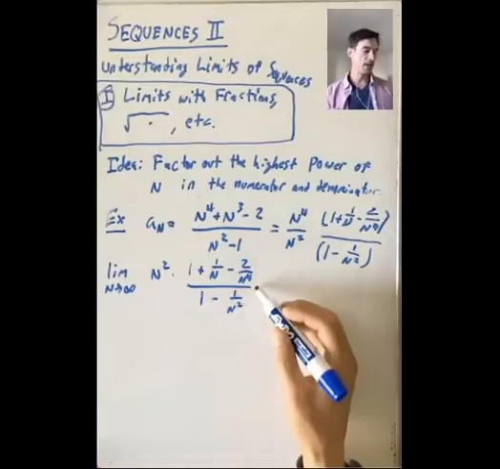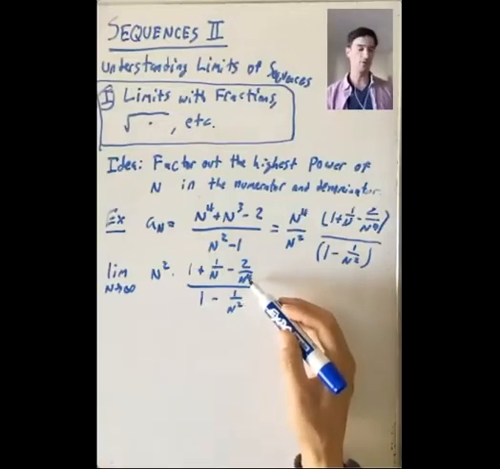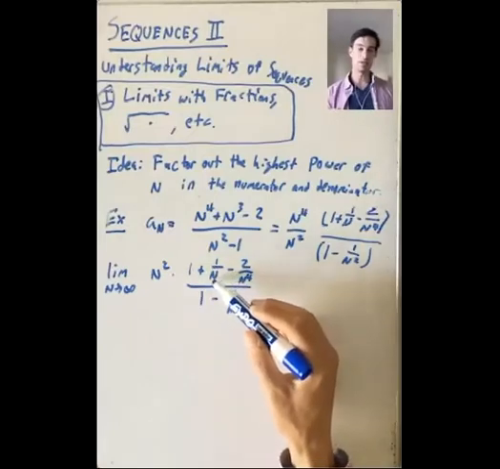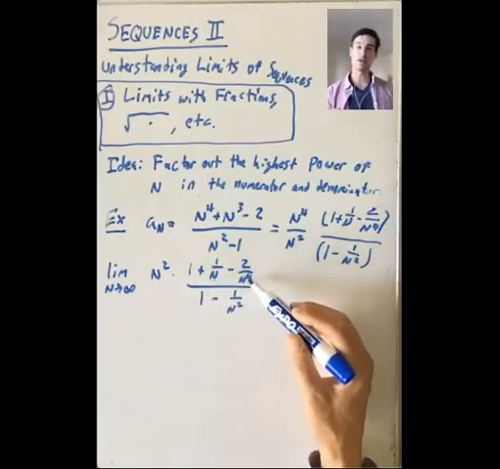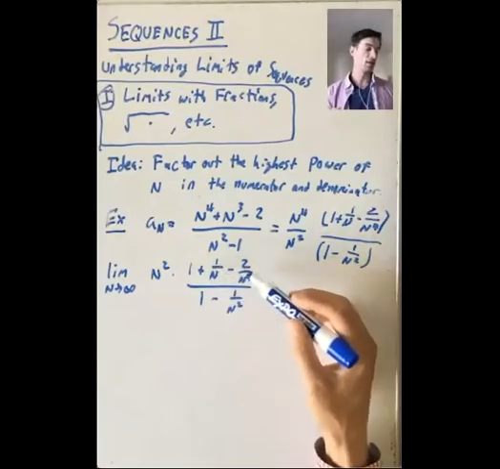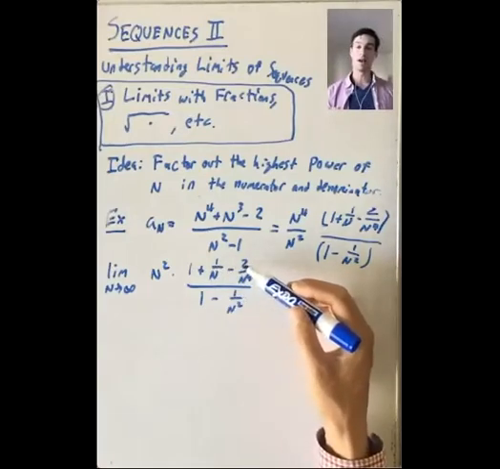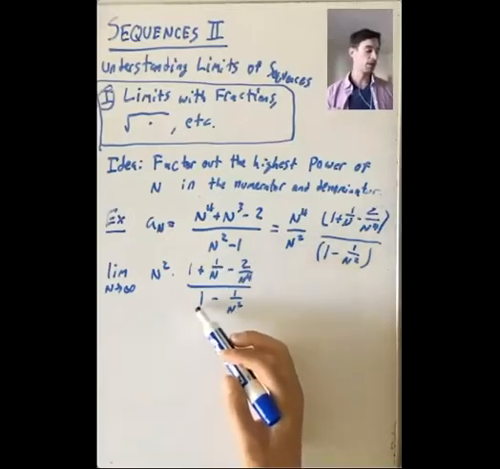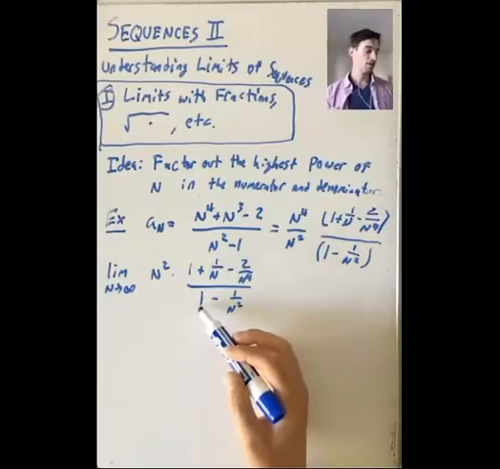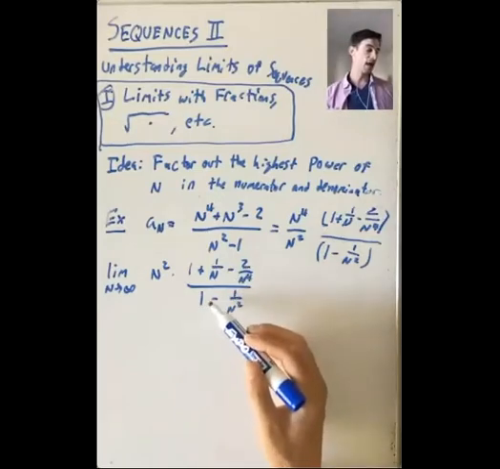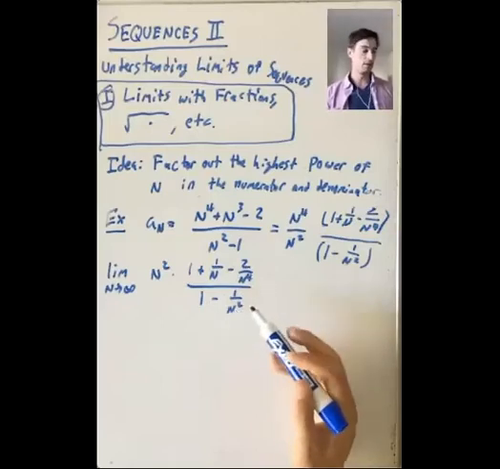Well, what's happening in the numerator as n goes to infinity? The first term is going to 1, the second term is going to 0, and the third term is going to 0. Because in each of the last two terms, the numerator is just some number, and the denominator goes to infinity as n goes to infinity. And in the denominator, 1 is just 1. But as n goes to infinity, minus 1/n^2 goes to 0.